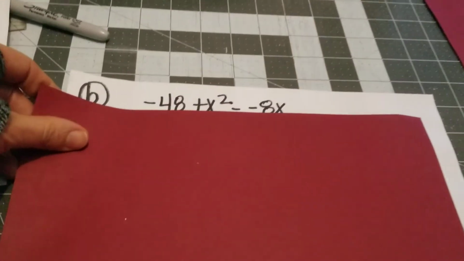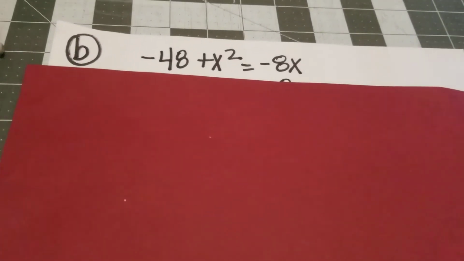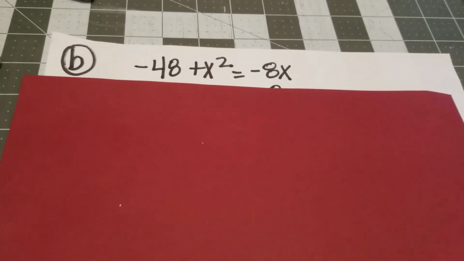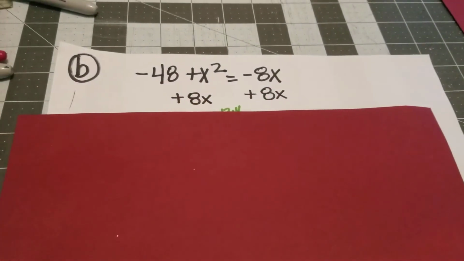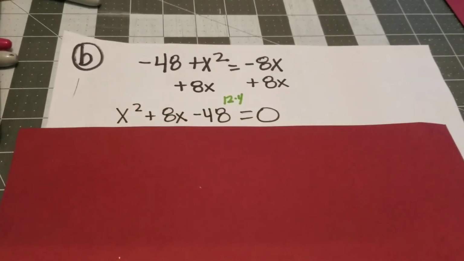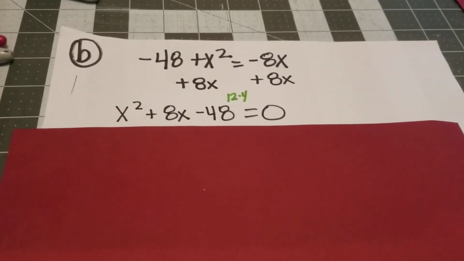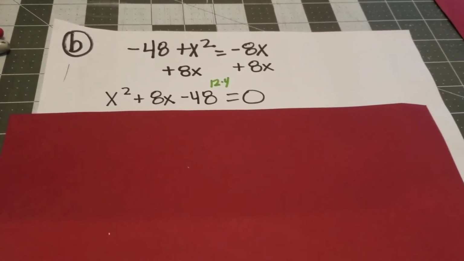All right, in your book, it displays like this. Okay, so the first thing we need to do is we need to set it equal to 0. So I'm going to go ahead and add my 8x to both sides and rearrange the order so it's convenient. So x squared, always put the x squareds first, plus 8x minus 48 is equal to 0.